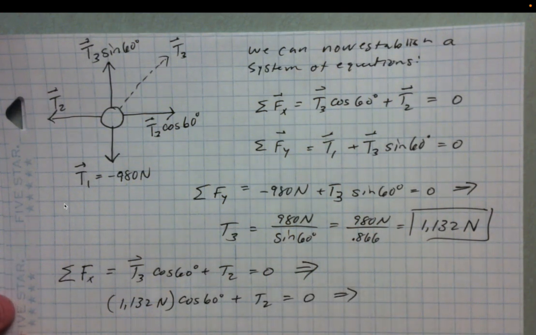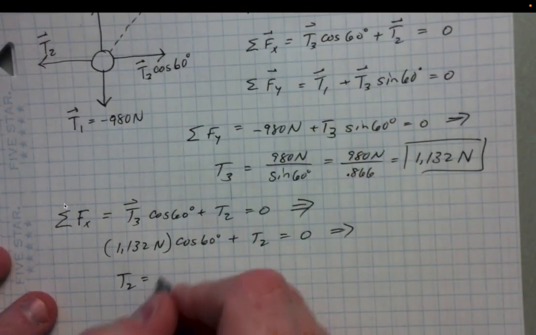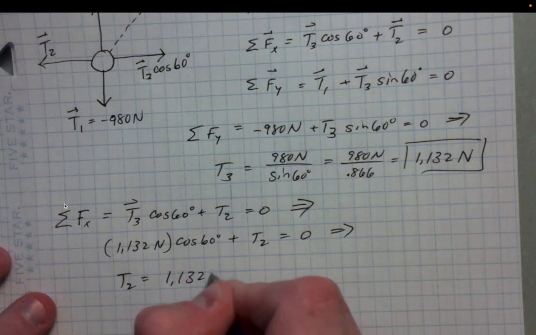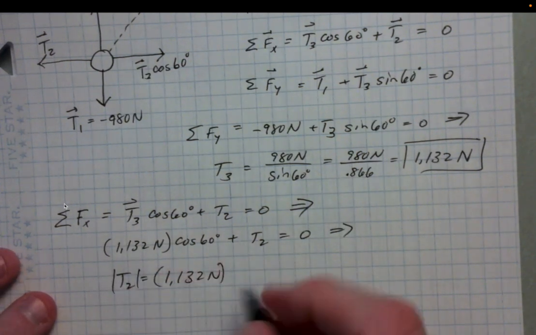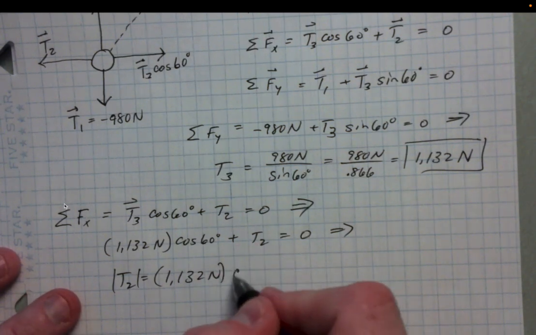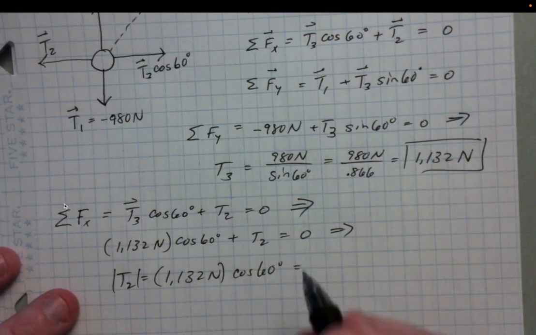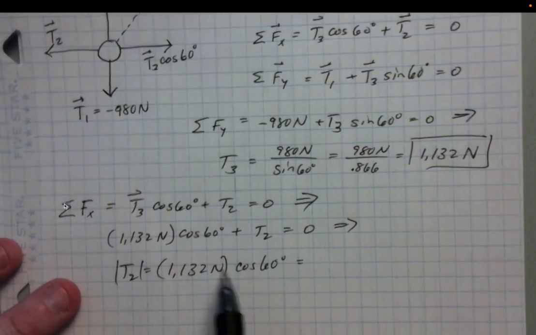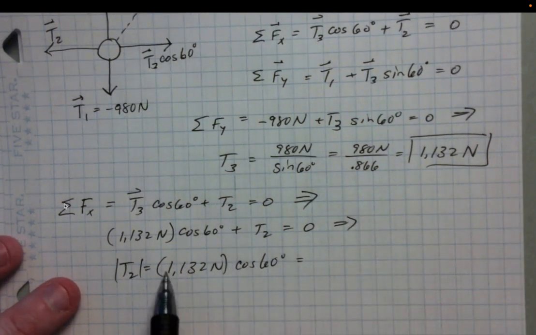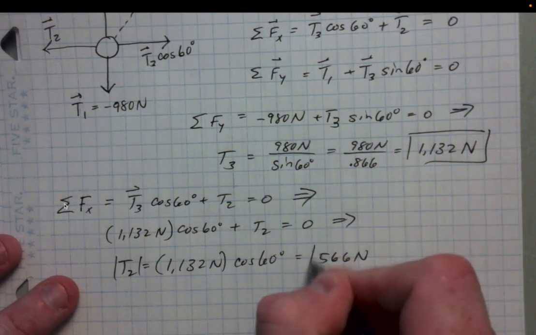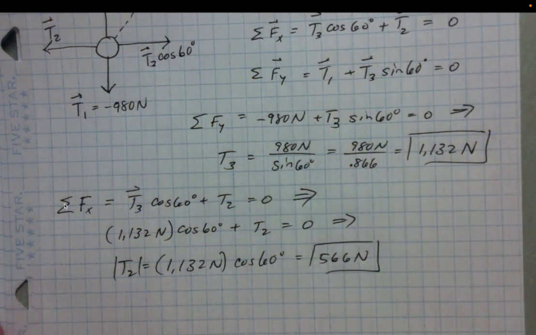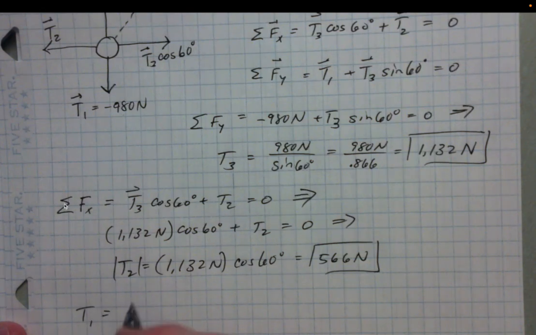And so T2 will be equal to 1,132 newtons times the cosine of 60 degrees, just saying the magnitude here. Cosine of 60 degrees is 1/2, so we just divide this by 2, so 566 newtons.